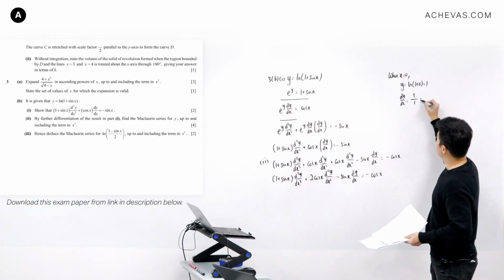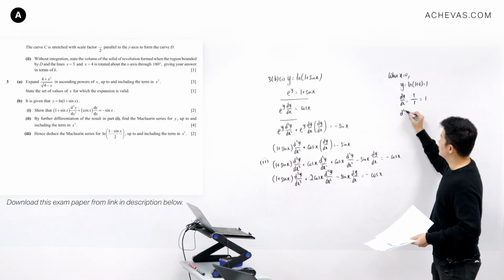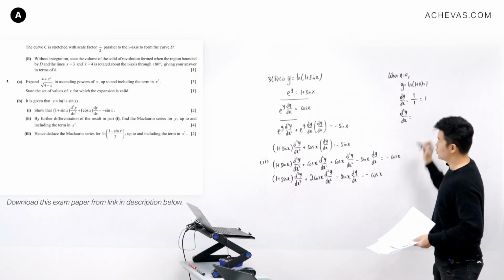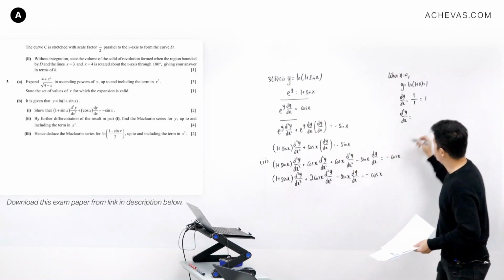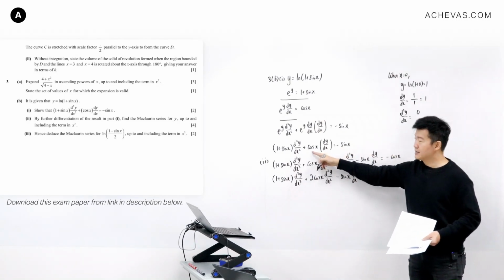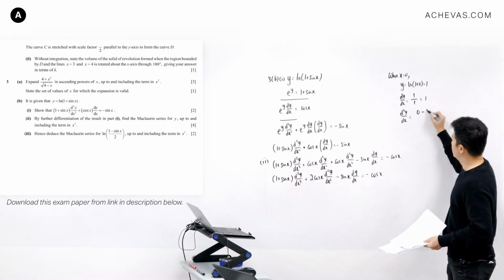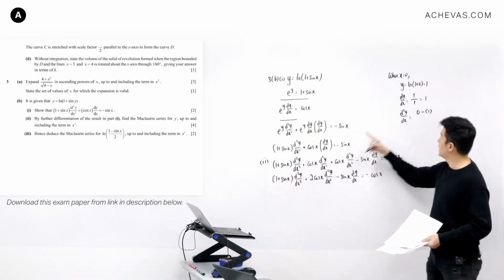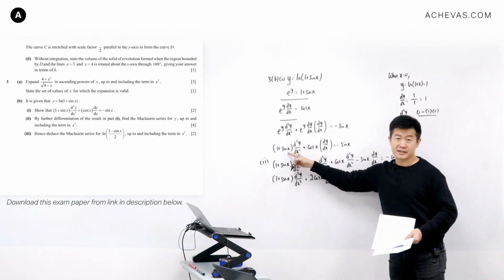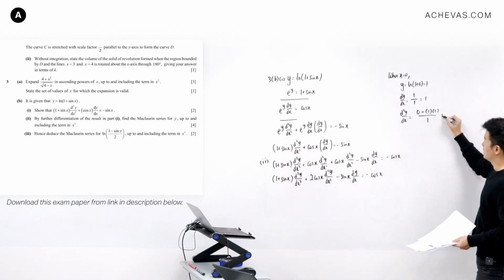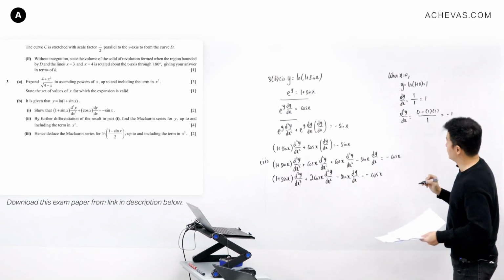So this is 1. d²y/dx² is going to be minus sine 0, which is going to be 0, then minus cosine 0, which is 1, times dy/dx, which is also 1, divided by 1 plus 0, which is going to be 1. So d²y/dx² is minus 1.